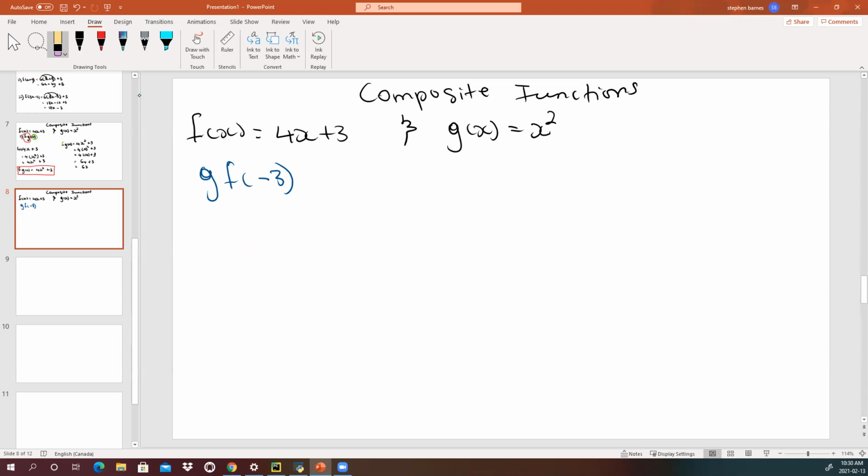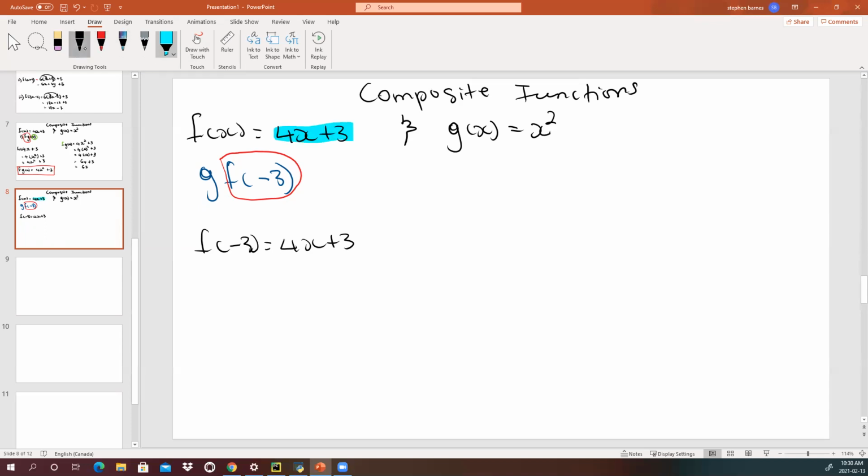All right. So the second way now is to do it one function at a time, meaning you first find the f function at minus 3. So let's do that. So f of minus 3 is equal to, the f function is 4x plus 3, right? Let me just highlight the f function.